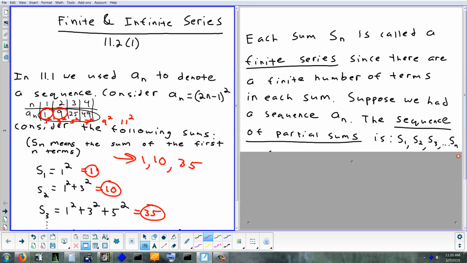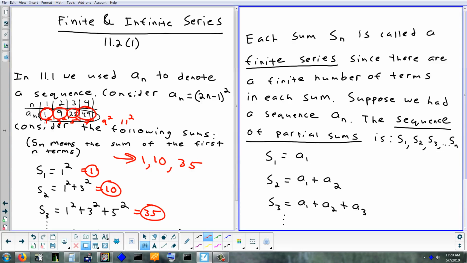To get S sub 3, you added up the first 3. If you wanted S sub 4, you would add up the first 4 terms. So it's a sequence where each number represents a sum. And that's what I'm trying to show you right there. S sub 4 would be A1 plus A2 plus A3 plus A4.